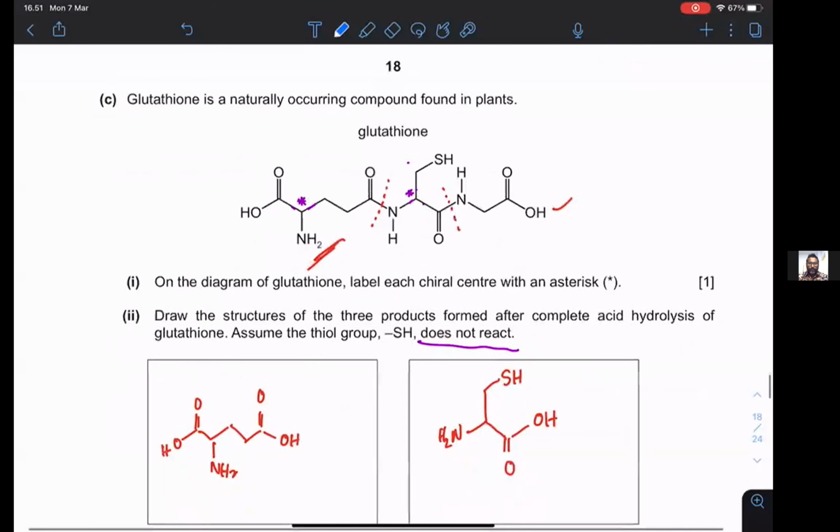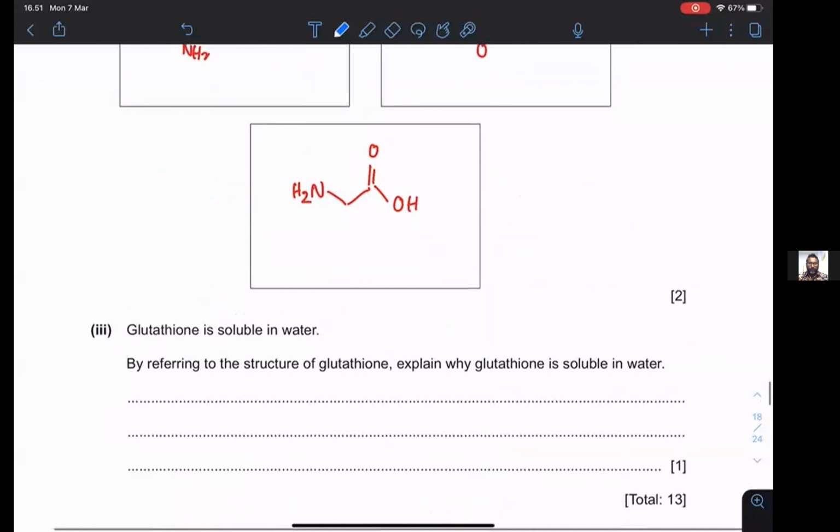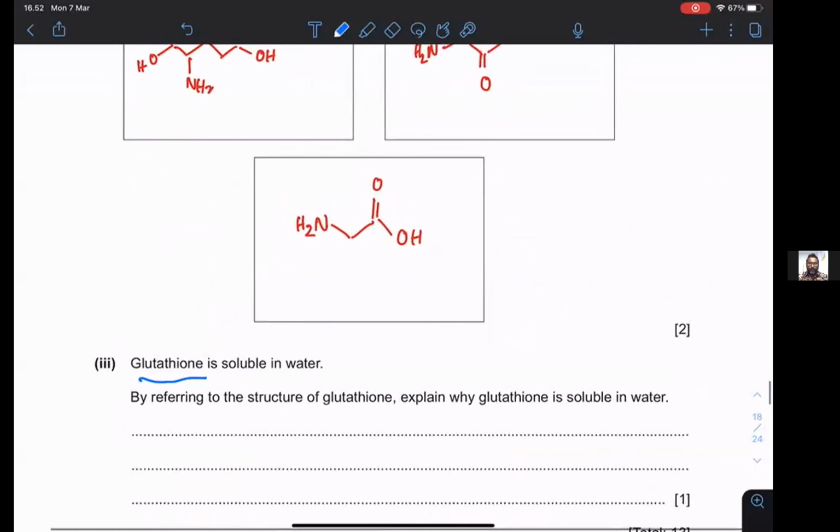So they ask this question: this substance is soluble in water. By using the structure, explain why it is soluble in water.